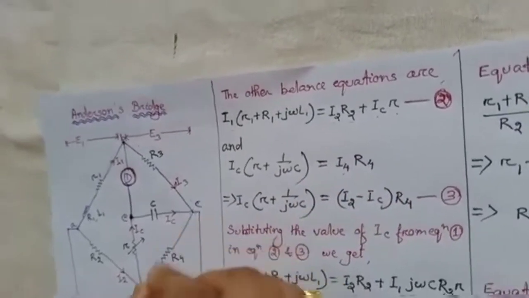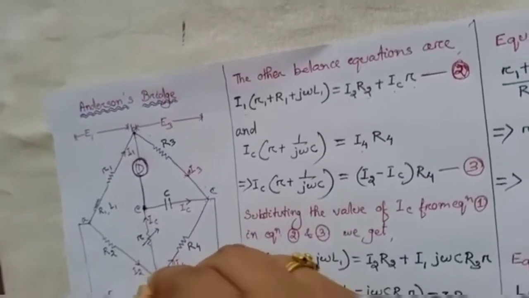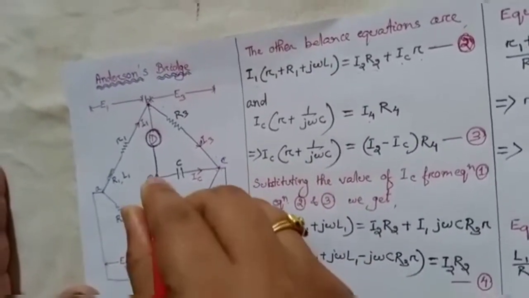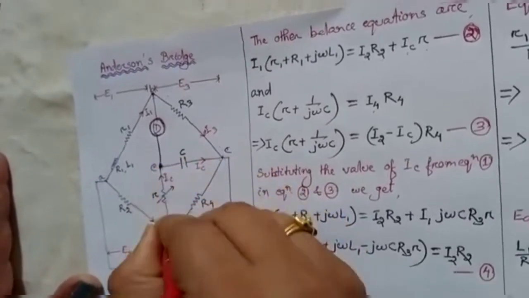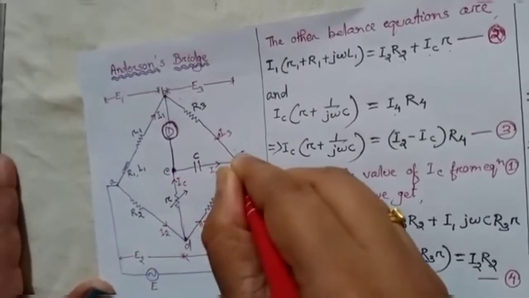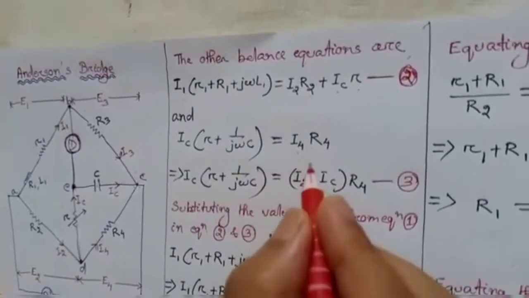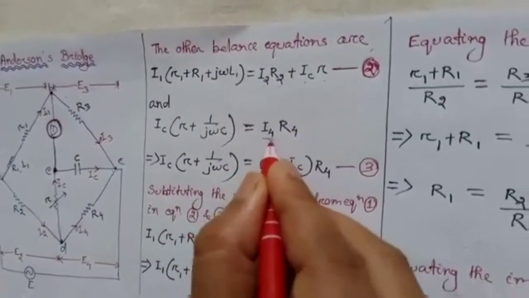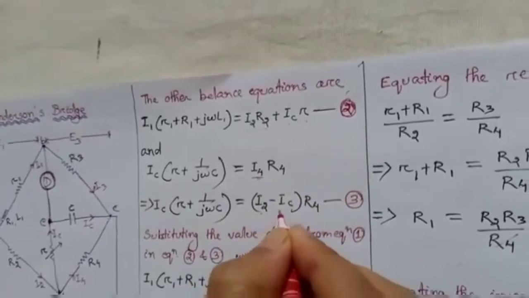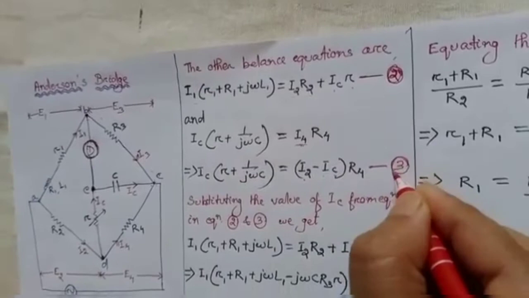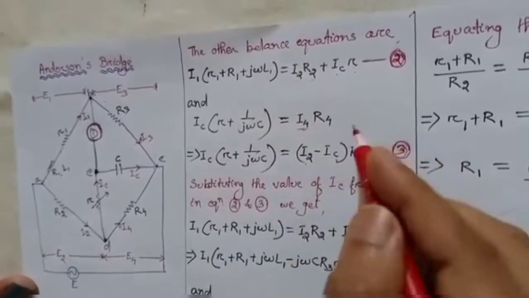The potential of D to C must equal the potential of DEC, since this branch and this branch are in parallel, so both voltages are the same. Then I4 is equal to I2 minus IC. This is our equation number 3.